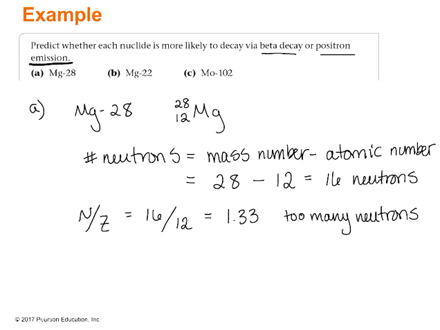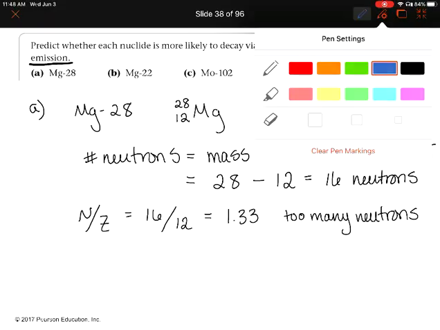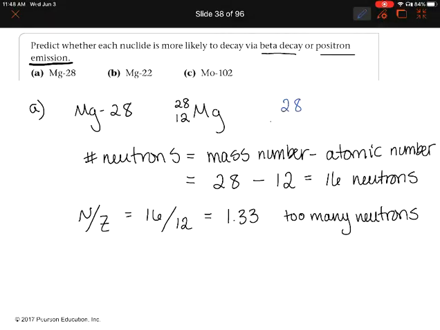Now, the other way that we could figure this out is by looking at the mass number of this isotope and comparing it to the average atomic mass. So if we had a bunch of magnesium isotopes, what is the average mass?